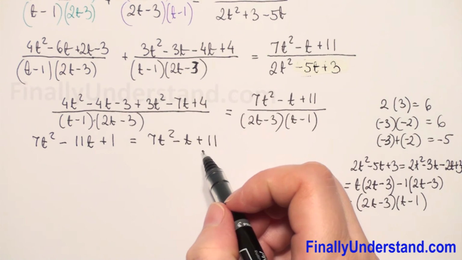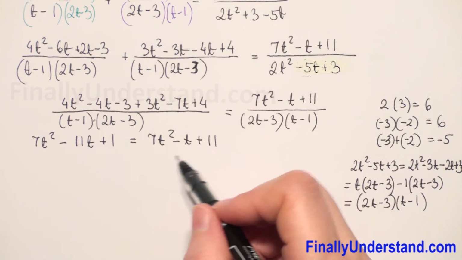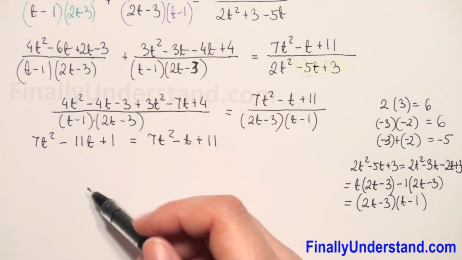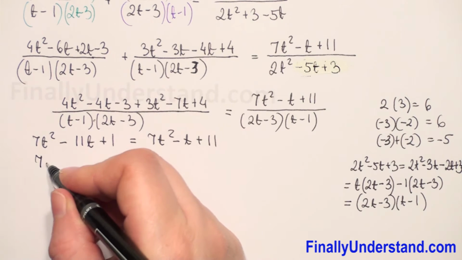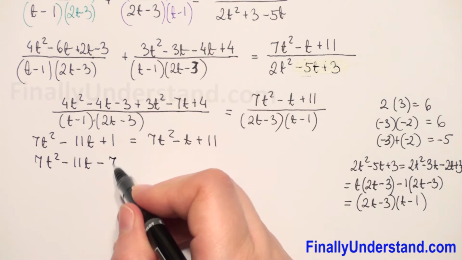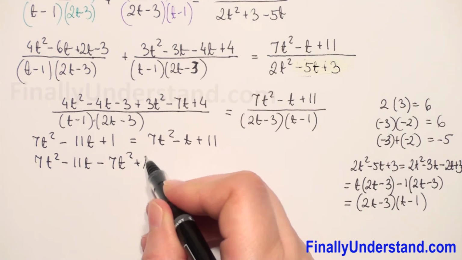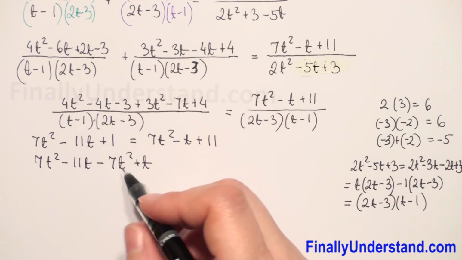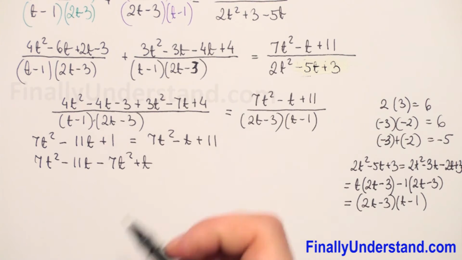So now I will move all terms with t's to the left side. So we will have 7t squared minus 11t, and now negative 7t squared plus t. When we change the side, we have to change the sign before the terms.